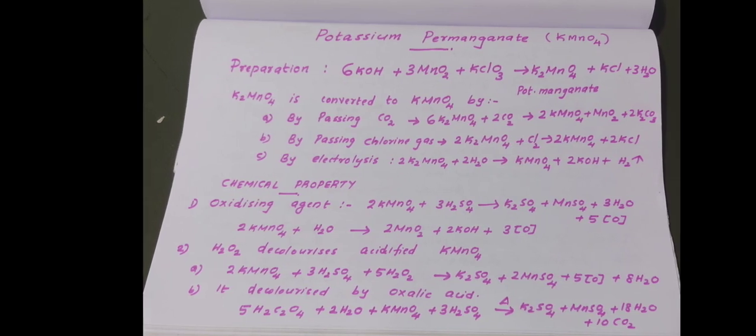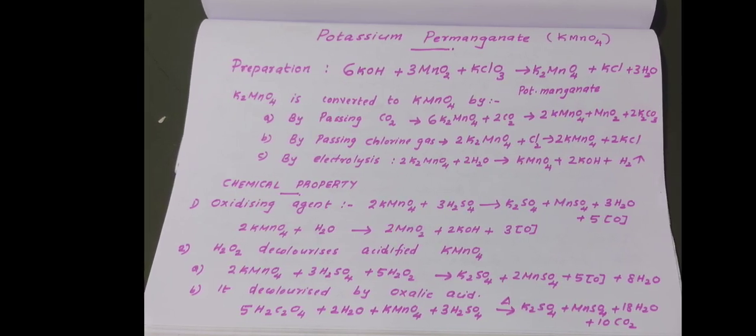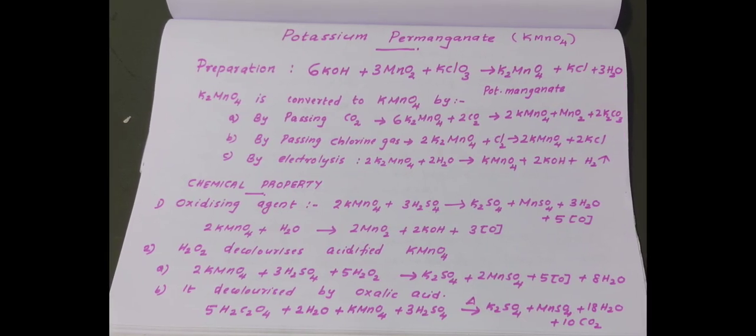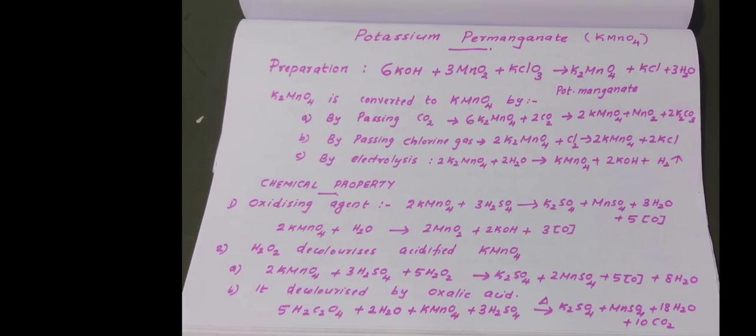Then next example, it is decolorized by oxalic acid. Potassium permanganate, when reacting with oxalic acid in the presence of acidic medium, is converted to K2SO4 plus MnSO4 plus 18H2O plus 10CO2.